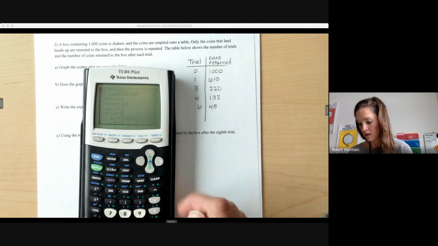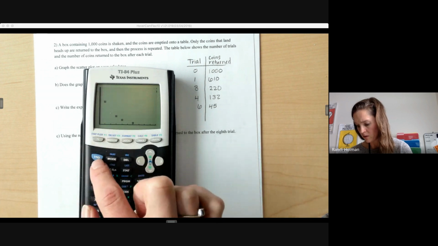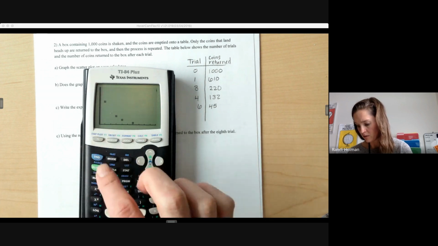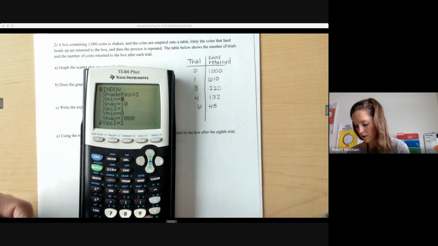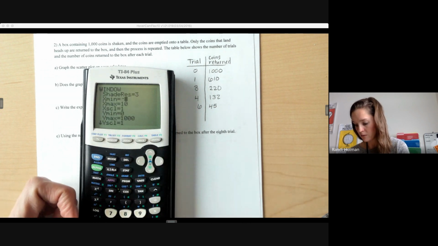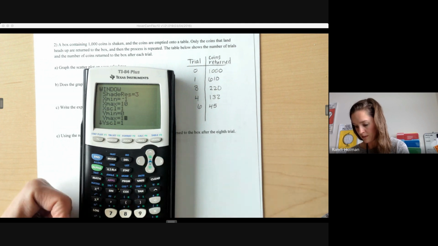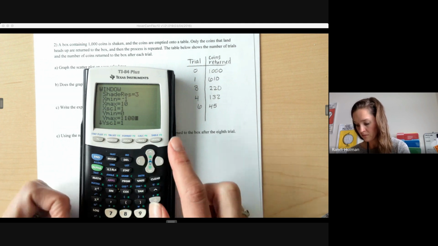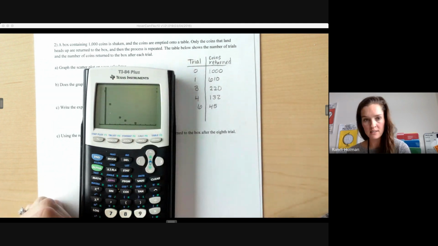And that should give me a good graph of those points there. Can't quite see that last one, so we might want to change our window slightly to go from maybe like -1, just so we can see on that side of it, and up to 1,100. Okay, so you can see that point there, that's actually on your axis.